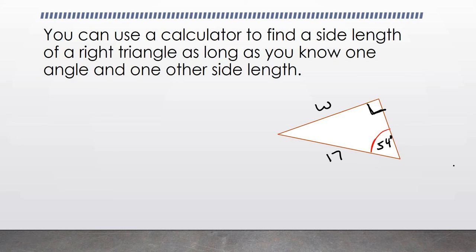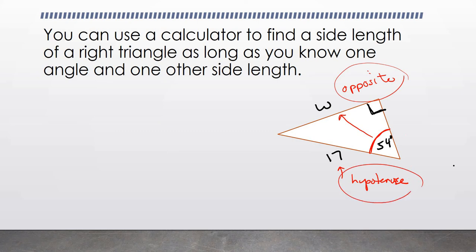So I have an angle of 54 degrees. I am looking for the opposite side, and I know the hypotenuse. So the trigonometric ratio that deals with opposite and hypotenuse is our sine.